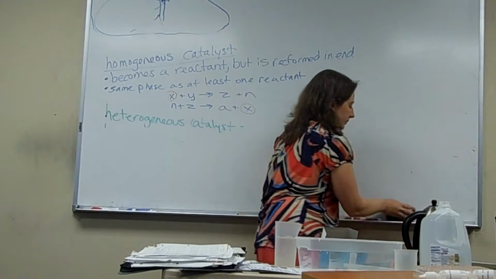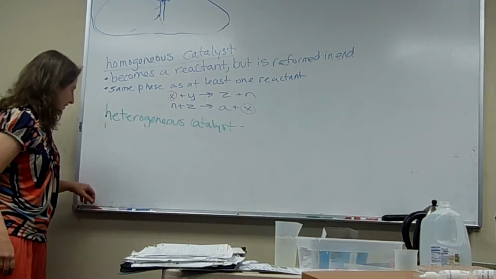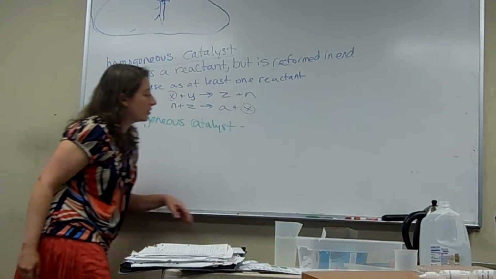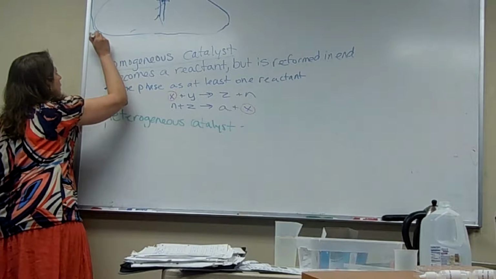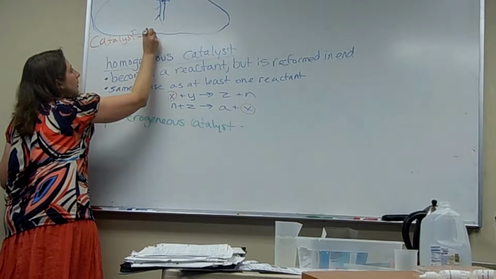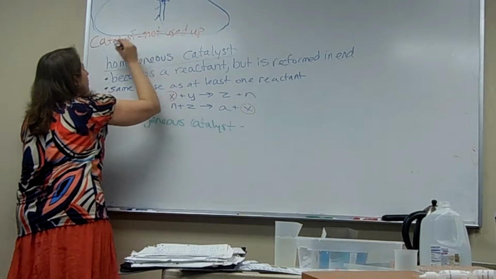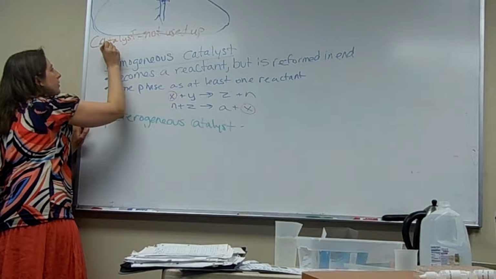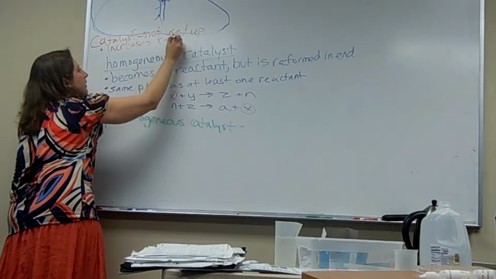Another overall definition of a catalyst is something that doesn't get used up. Right, so the overall definition of a catalyst never gets used up. It increases rate. But how does it increase rate?